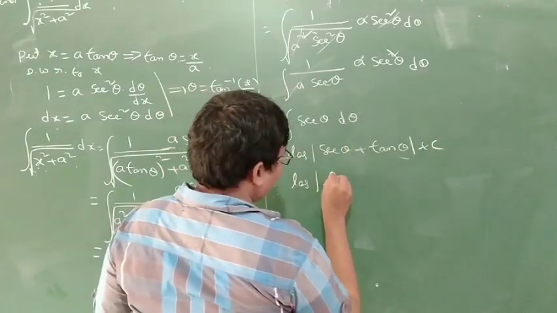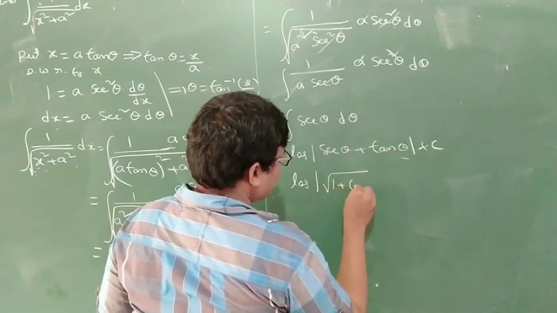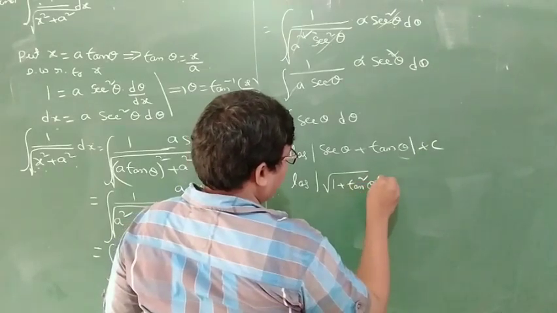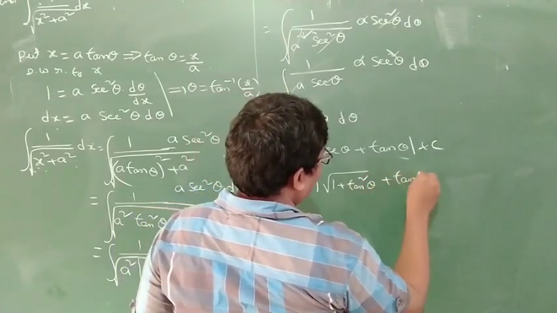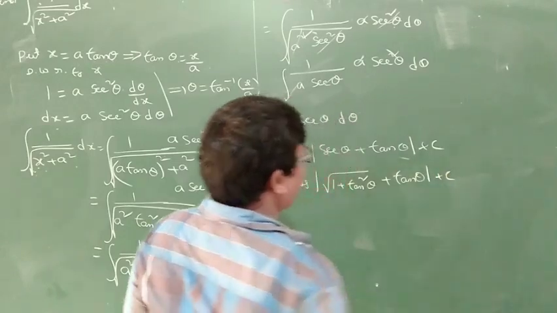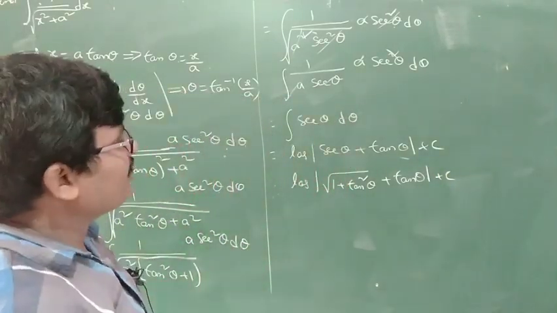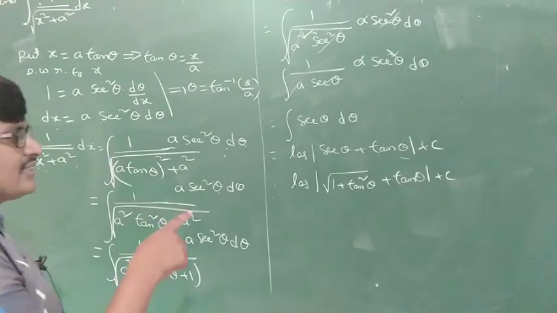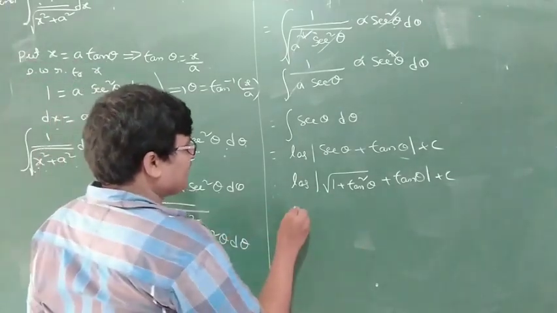Secant square theta is equal to 1 plus tan square theta, so secant theta is equal to root of 1 plus tan square theta.